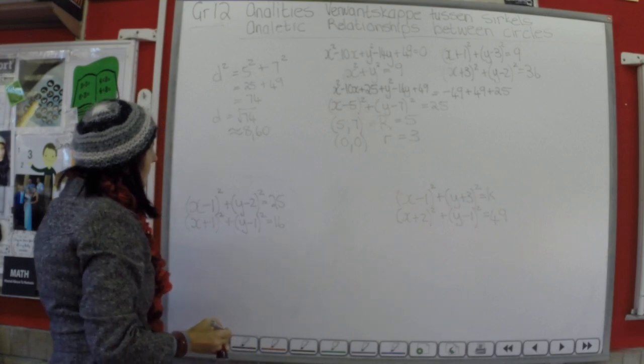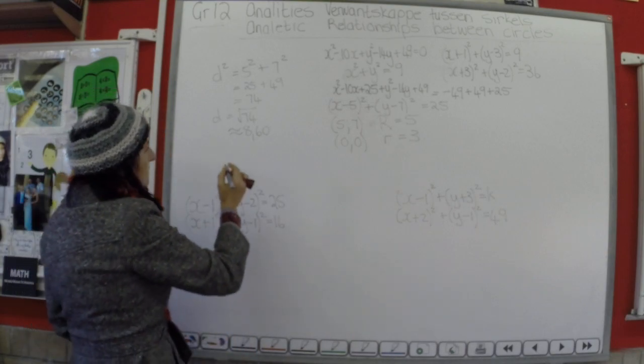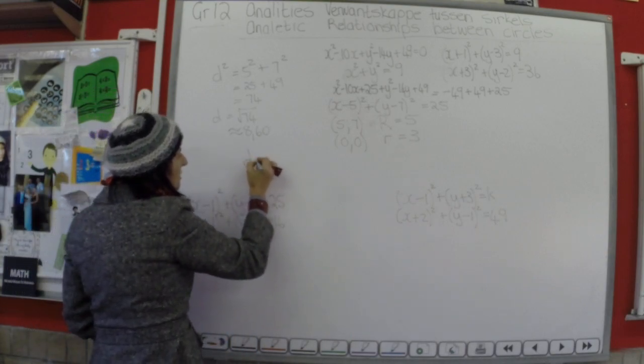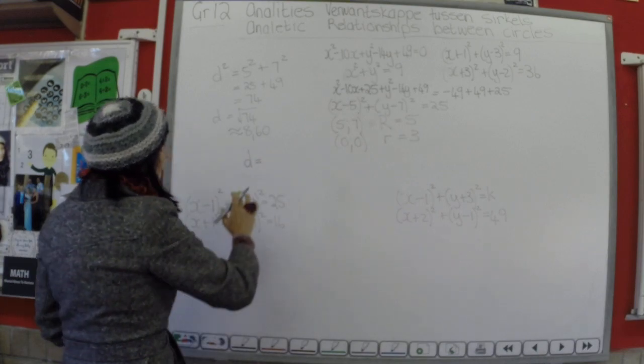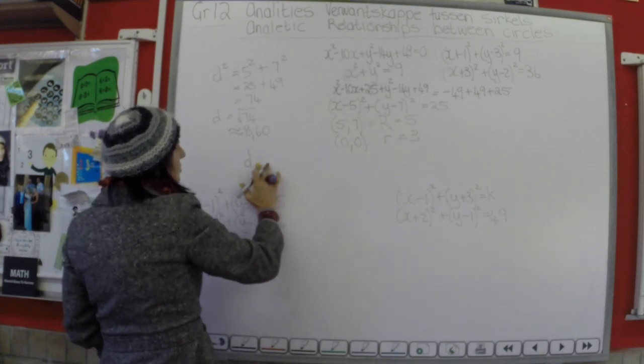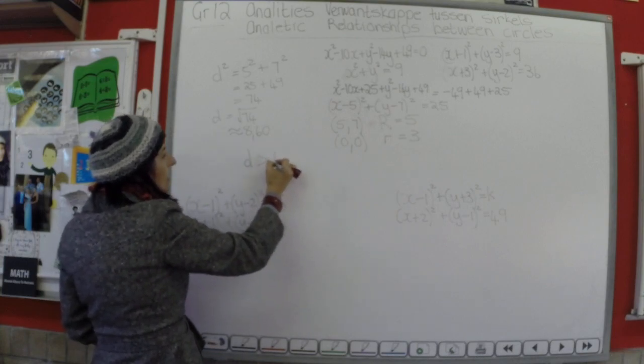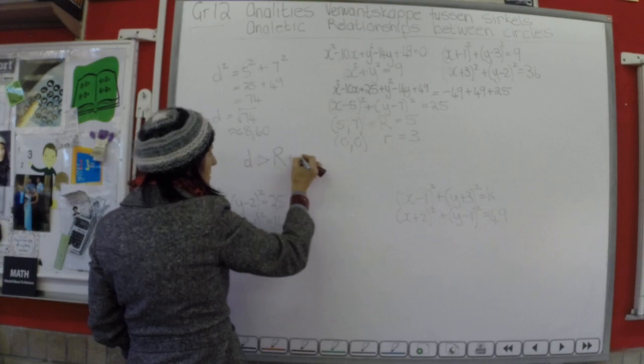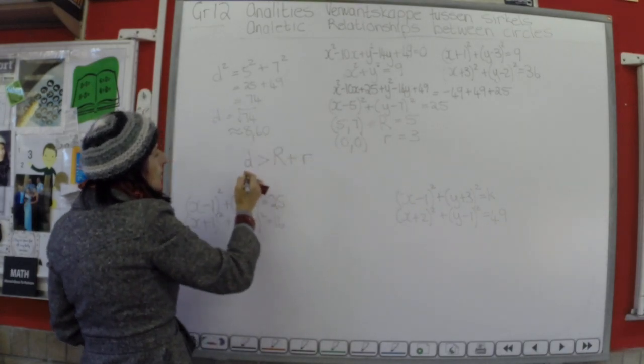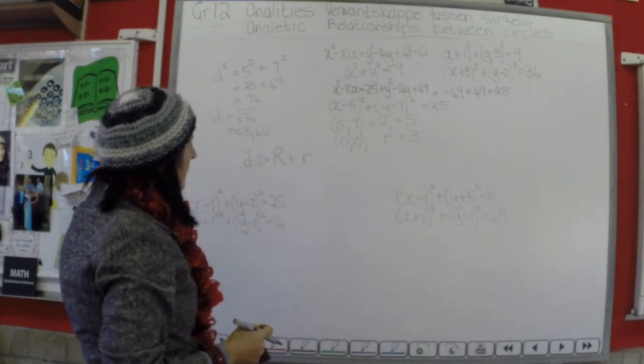So now you can see that the distance between the midpoints is bigger than the big radius plus the small radius. Want 8,6 is groter as R plus r.